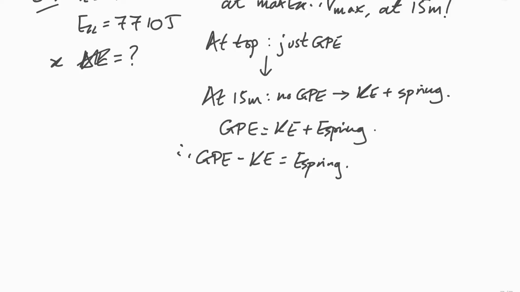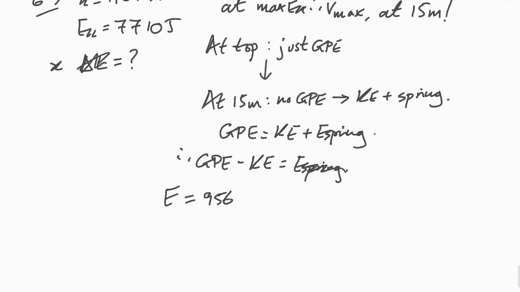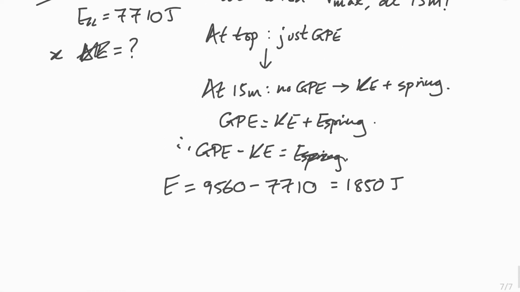And so we can say that E is equal to 9,560, take away that kinetic energy. What does that give us? 1,850 joules. Now we need the equation for spring energy. That's E equals half K delta L squared. I like using X squared. So rearranging this, one step at a time: 2E over K is equal to X squared.